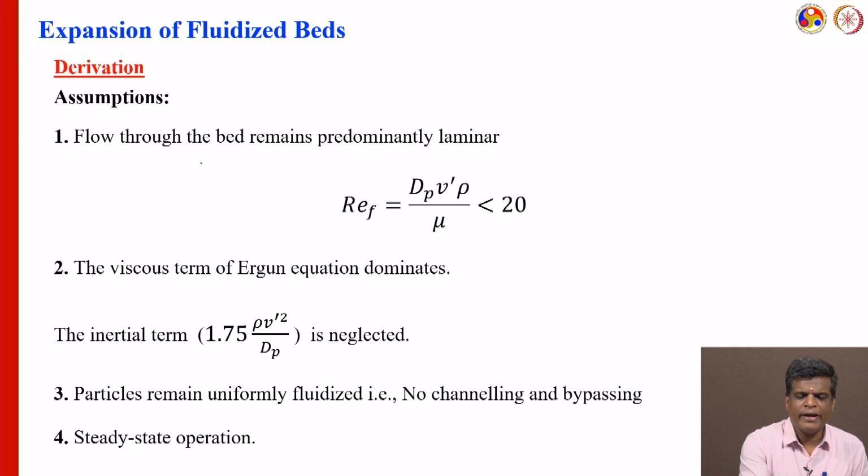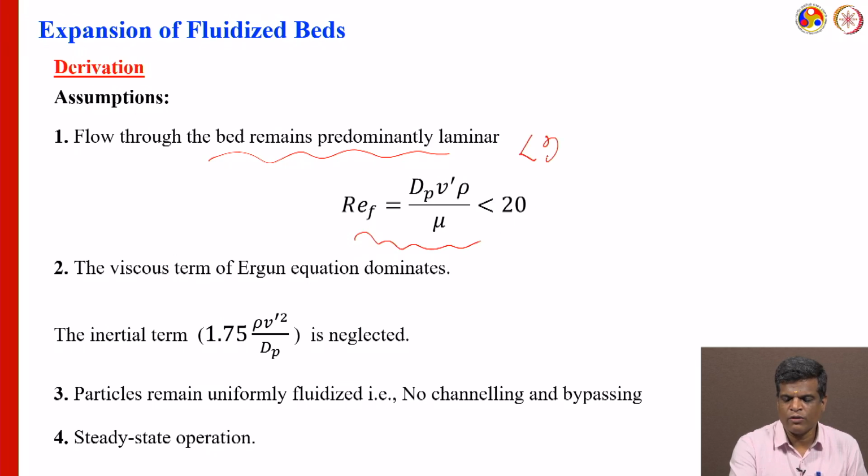The flow through the bed remains predominantly laminar. The laminar flow condition for fluidization is Reynolds number less than 20, where the Reynolds number involves the particle diameter, velocity, density, and mu, the viscosity. There are two terms in the equation, a viscous term and an inertial term.